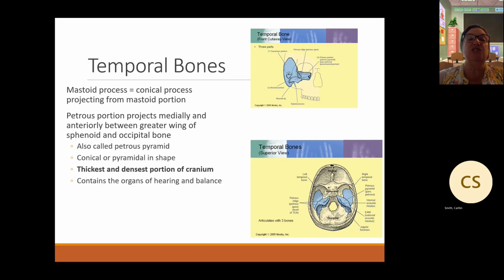So the mastoid process is just conical in shape, and it projects from the mastoid portion. The petrous portion projects medial and anterior between the greater wing of the sphenoid and the occipital bone. So it's called the petrous pyramid.